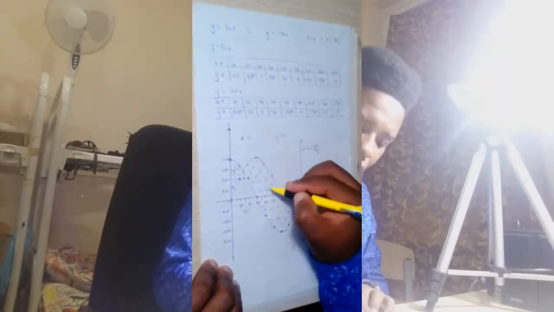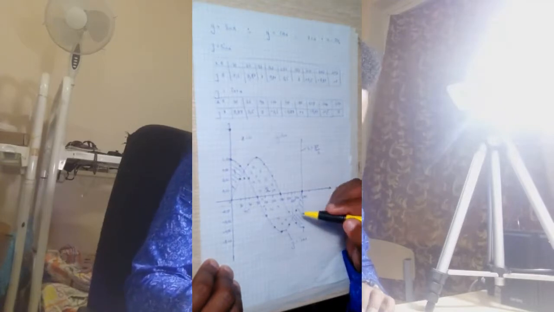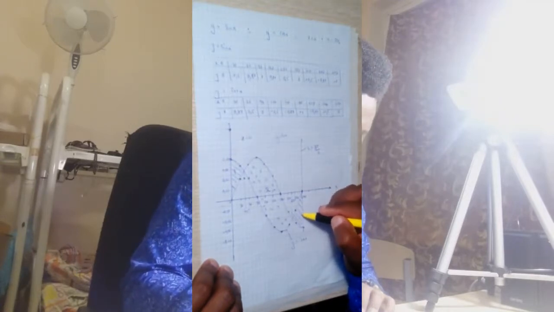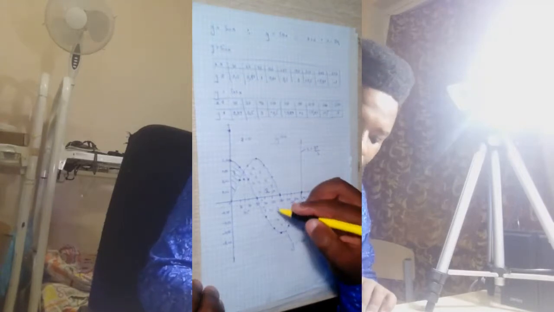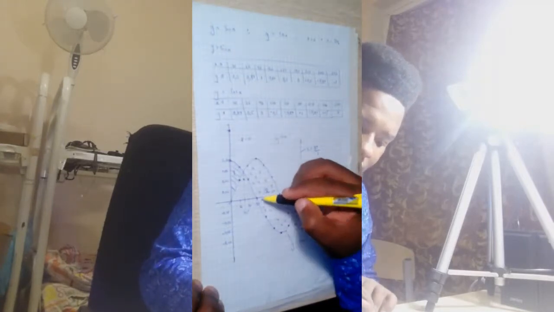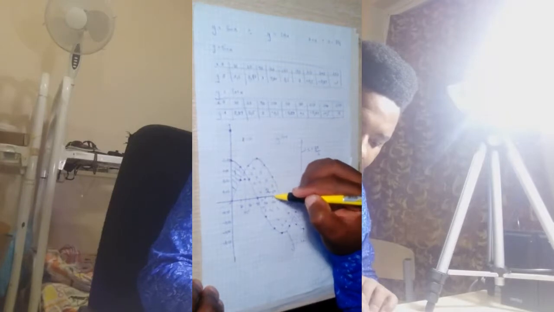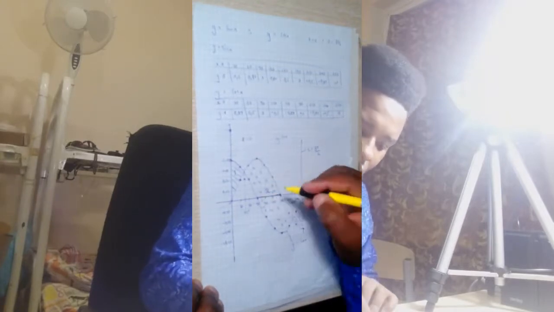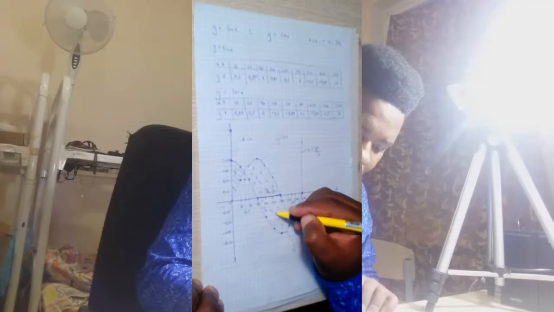Let me call this 1, and let me call this 2, and let me call this 3. I might want to call this 2.1, and this 2.2, since one is on top and the other one is under.